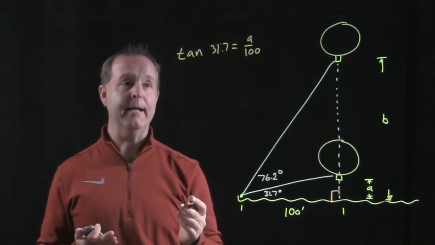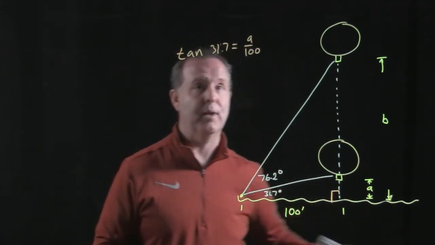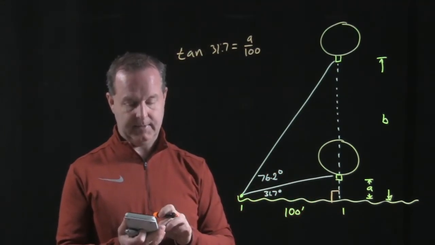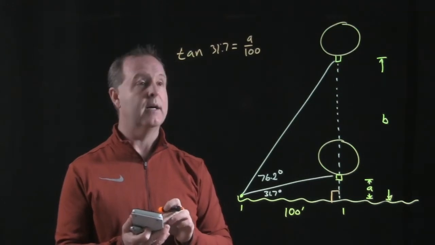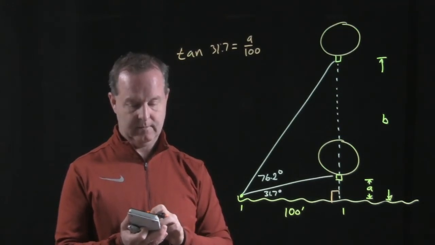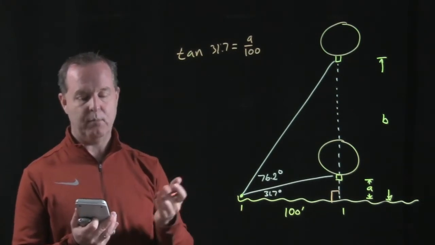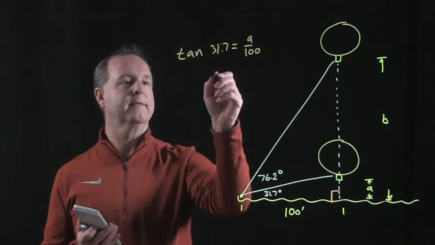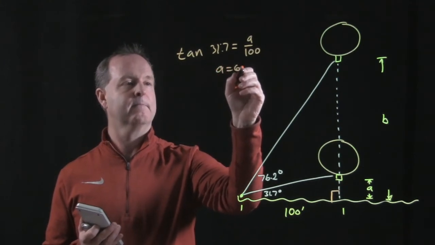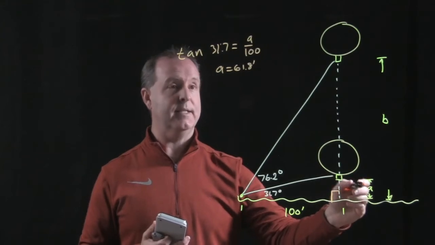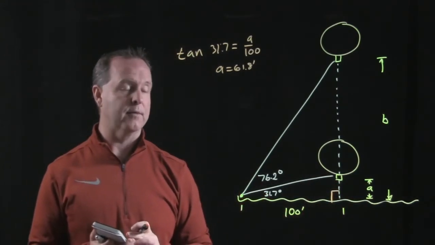Solve that for a, and then use a black box. So I'm going to find 100 times the tangent of 31.7 equals 61.8 feet. So at his first spot, I was 61.8 feet above the ground.